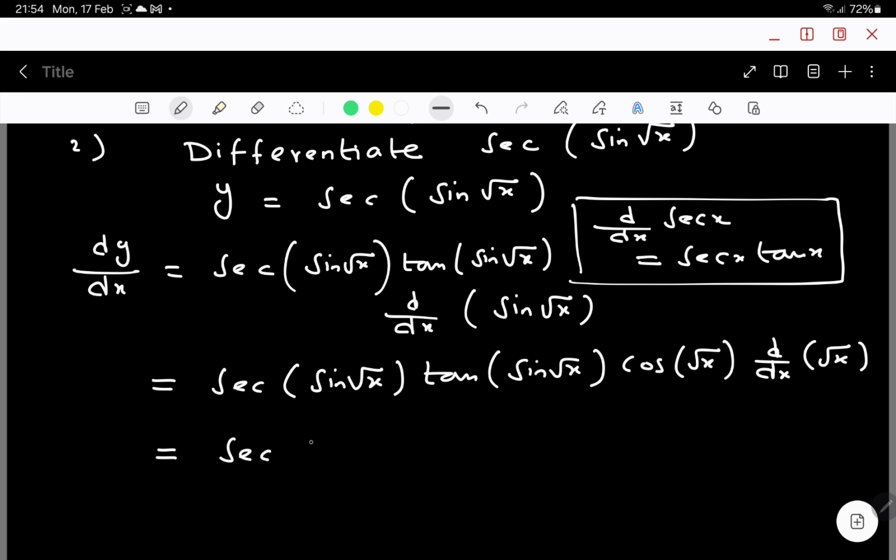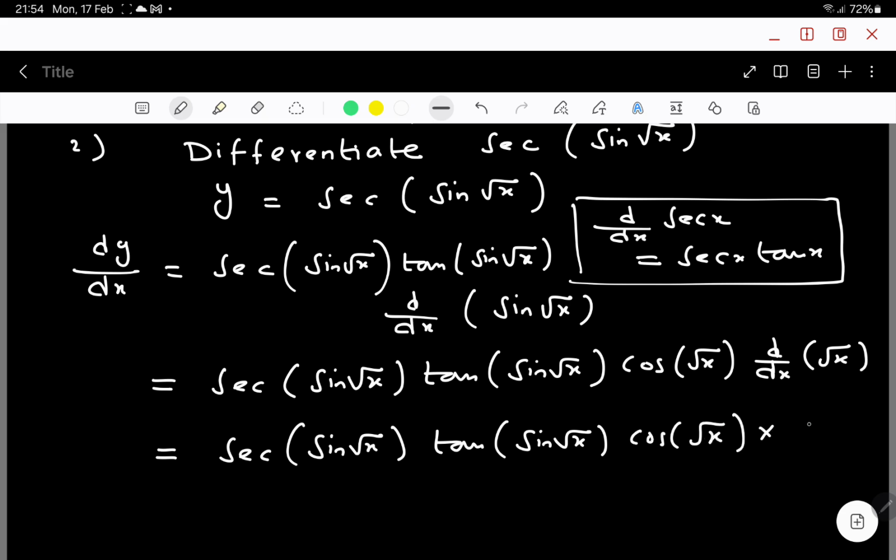So secant sine root x tan sine root x cos root x into d by dx of root x is 1 by 2 times root x. That's all.